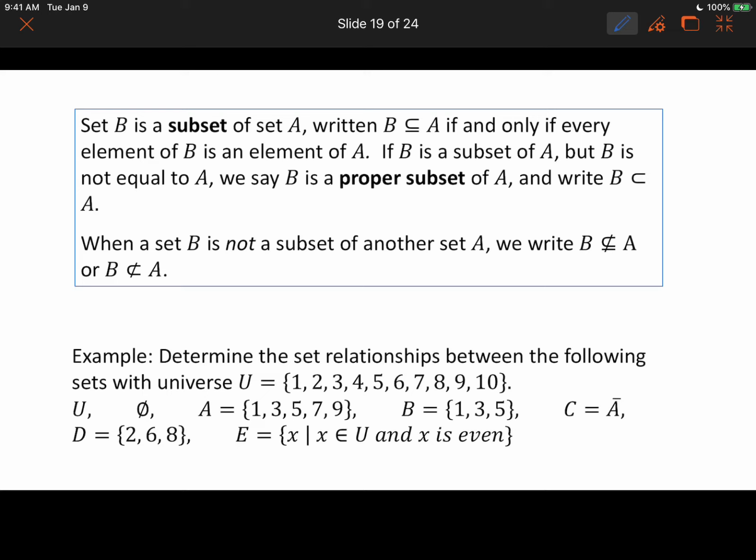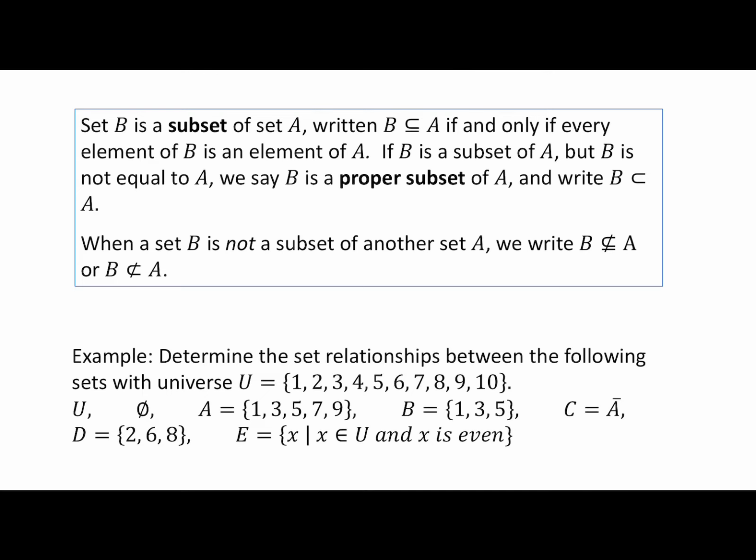All right, so that's the complement. Let's look at subsets. We say that B is a subset of A, written with this funny looking cup symbol with a line under it. So B is a subset of A if and only if every element of B is an element of A. If B is a subset of A but B is not equal to A, we call B a proper subset of A, and we drop that little line underneath.